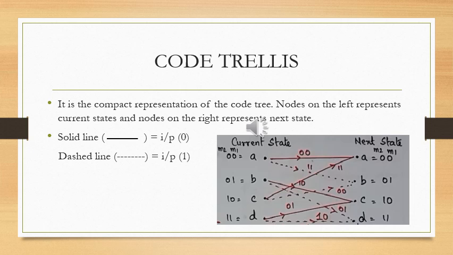When the input is equal to 1, from state B, the next state is equal to D and the output is equal to 0, 1. So that is represented with a dashed line. So like this, we are drawing the code trellis for states C and D, considering them as the current state and representing the next state with the input values 0 and 1.